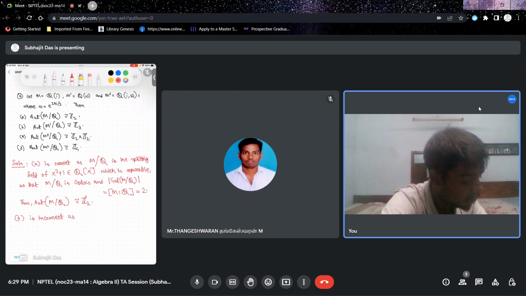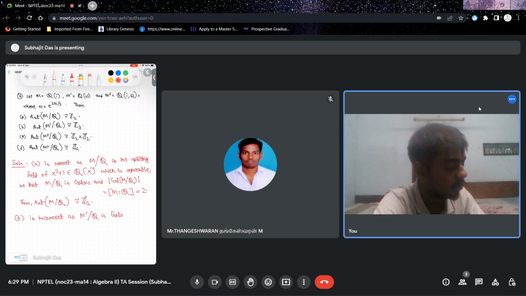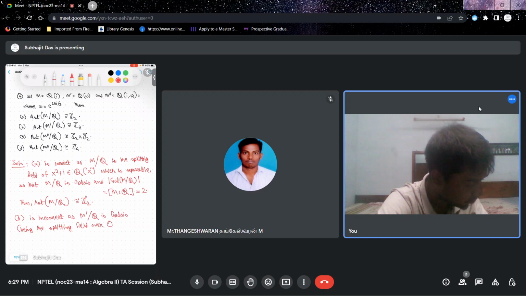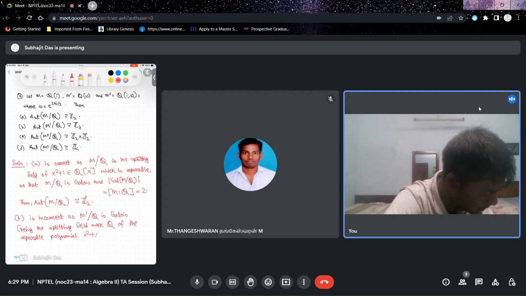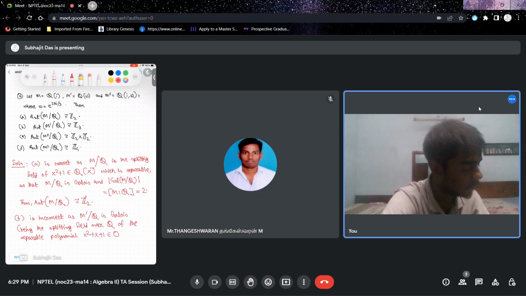as M prime over Q is Galois, being the splitting field over Q of the separable polynomial x square plus x plus 1 in Qx, right?